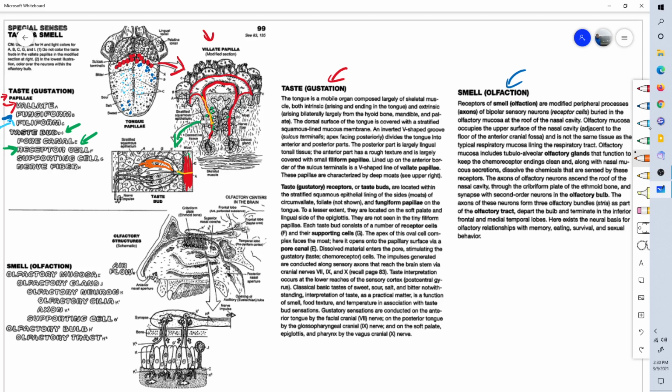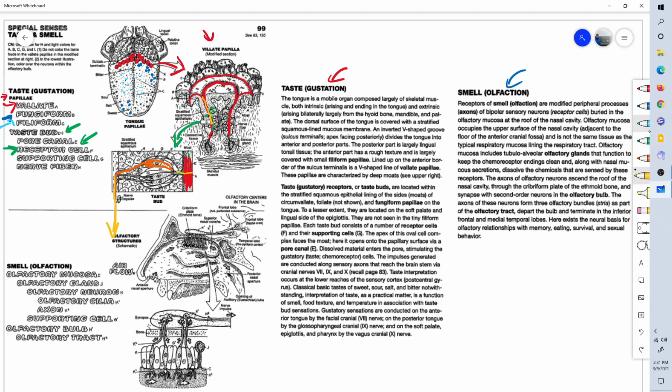The receptor cell sends its axon down to the nerve fiber. The nerve fiber here carries the impulse to the central nervous system for taste.